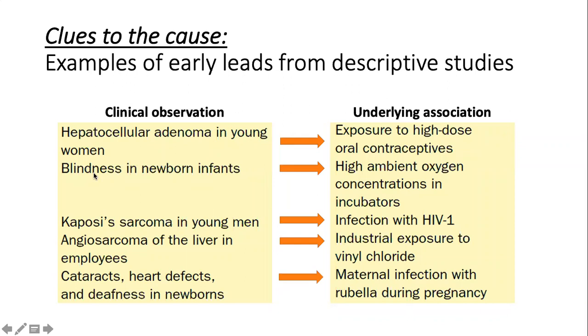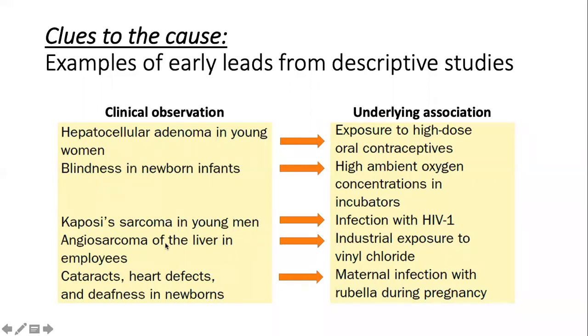As I mentioned earlier, they also observed a rise in the incidence of Kaposi sarcoma in young men, and they noted the commonality in these young men was that they were homosexual, and they were eventually able to discover that these young homosexual men were actually infected with a novel virus at that time, which is the HIV-1 virus.